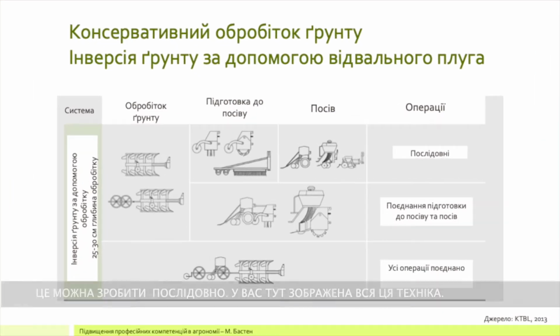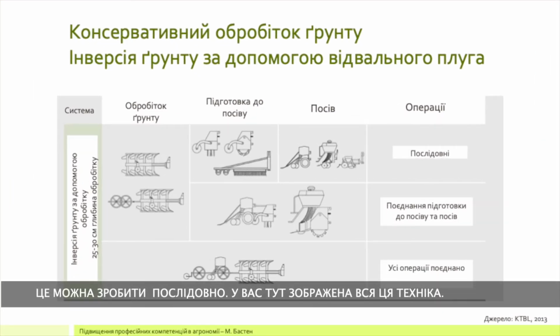This can be done in a kind of sequential way. You have all these machineries here. So we have the plow first, and the harrows, and then the planting or the seeding equipment. But there is a lot of machinery available where these operations can be combined, in particular the seedbed preparation with a power harrow and then the planting or sowing machine.